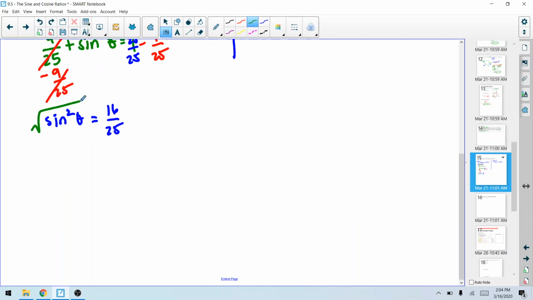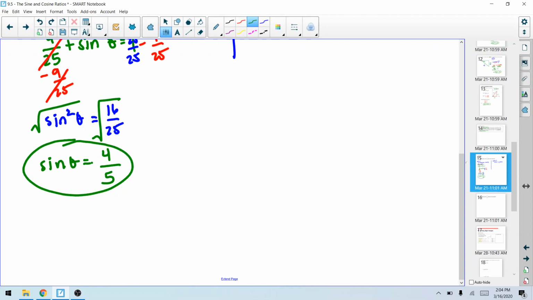In order to get rid of a squared, we square root. So sine theta, square root of 16 is 4, square root of 25 is 5, so the sine of theta, 4/5. Last thing we have to find using option 1 is the tangent of theta.